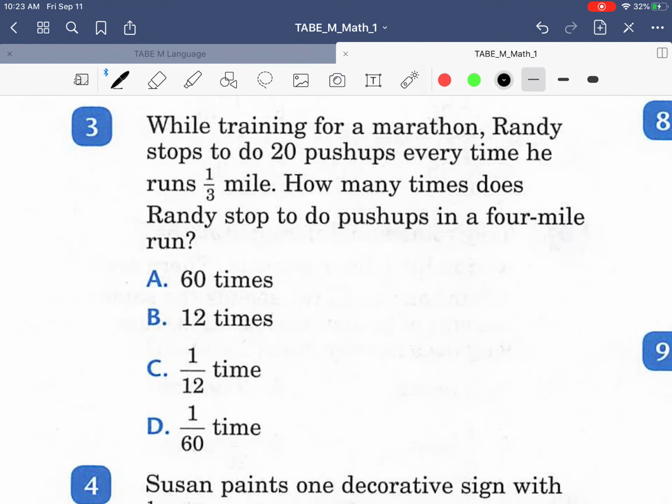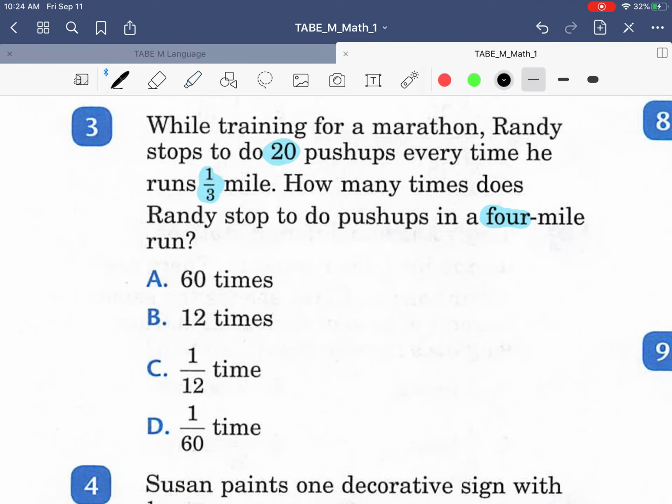Number 3. While training for a marathon, Randy stops to do 20 push-ups every time he runs a third of a mile. How many times does Randy stop to do push-ups in a 4-mile run? Be careful with this one. Let me show you why. I have 20, 1/3, and 4. We have too many numbers in this problem.